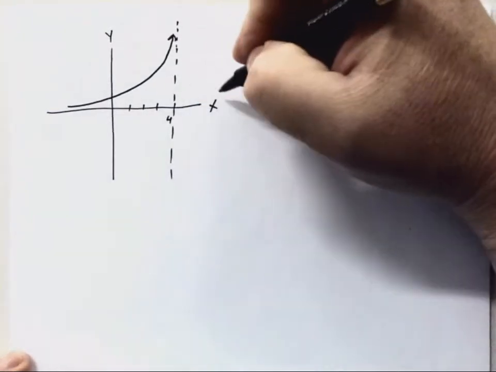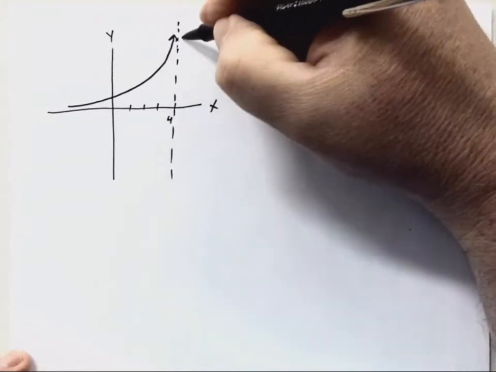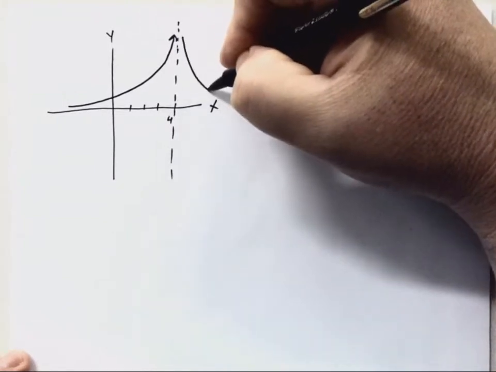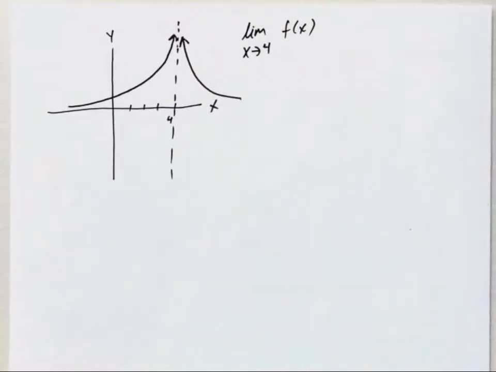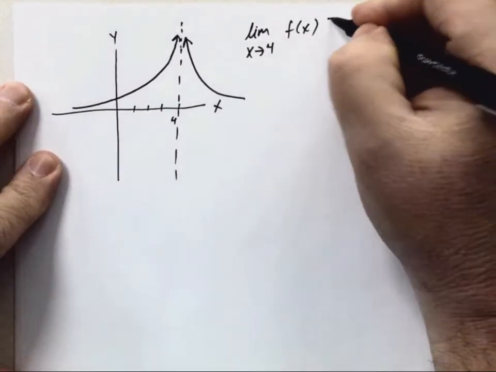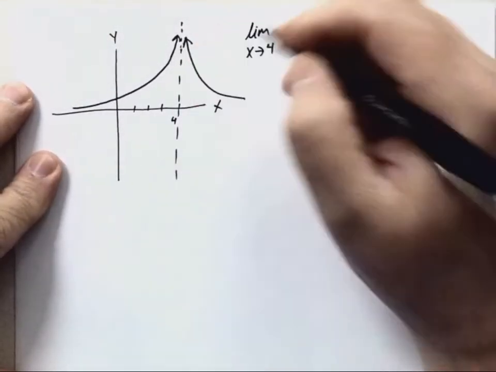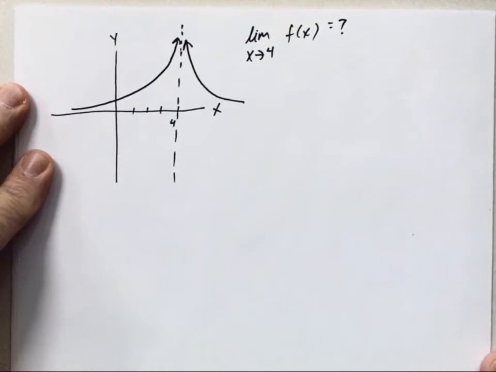As a matter of fact, just to be clear, a lot of times the graph will look like that. So they give you this function graphed and they say, what's the limit as x approaches 4?